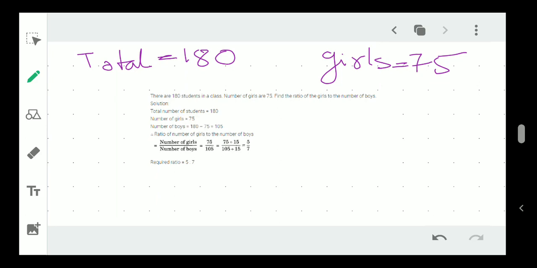Find the ratio of the girls to the number of boys. Now that means how many boys are there? 180 minus 75.